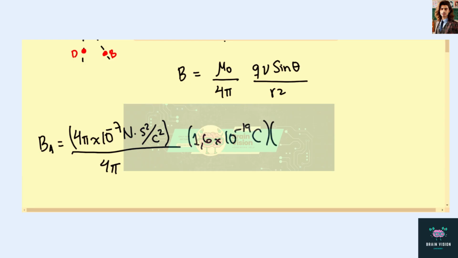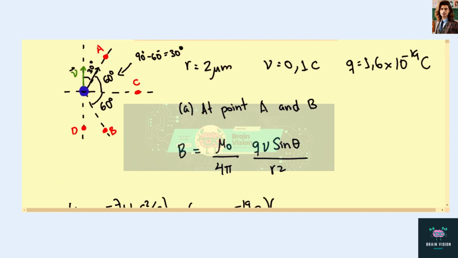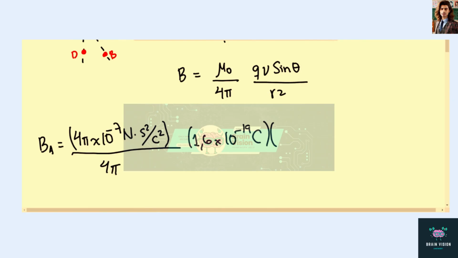And the velocity of this electron is given as 0.1 the speed of light. We also know that the speed of light is 3 times 10 to the 8 meters per second. So we put that in here.